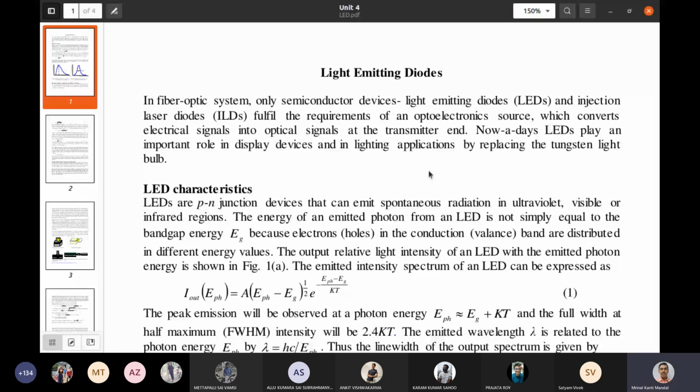Now, first we consider the characteristics of the LED. An LED is basically a PN junction device that emits spontaneous radiation in the ultraviolet region, or visible region, or infrared region, depending on the material being used and its band gap energy.